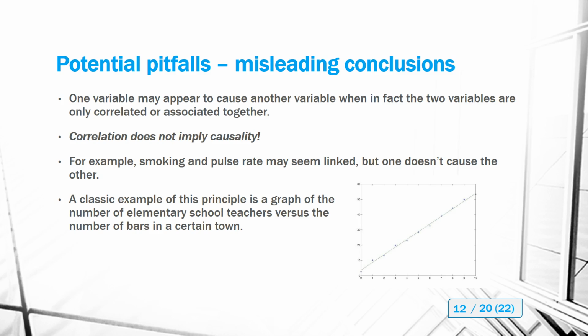The classical example of this concept is, if you look at the graph there towards the bottom right of the slide, you can see data plotted for two variables. On your x-axis on the bottom, you're going to have the number of bars in town, and on the y-axis, you're going to have elementary school teachers.